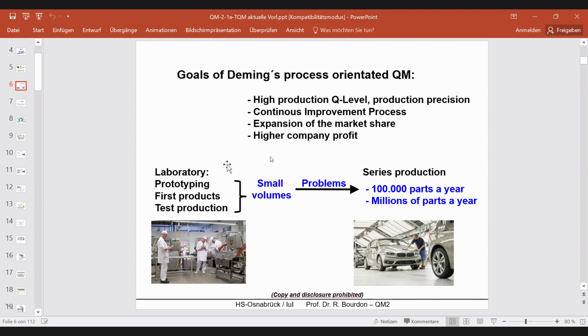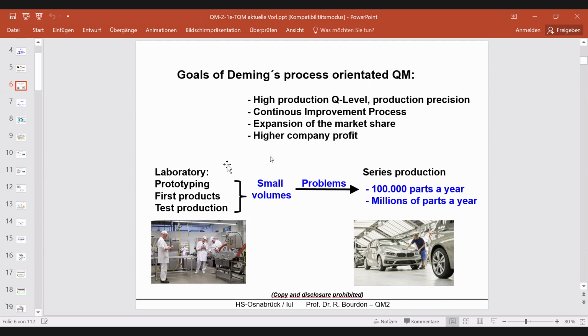In all these phases of development, we have only small volumes, small samples of the parts. And if a new process is running well in a laboratory or in a development department, it does not mean that the series production is okay. Series production often shows problems which are not raised in the first phase, in the test run phase, in the development phase.